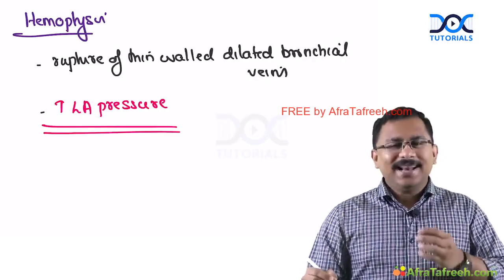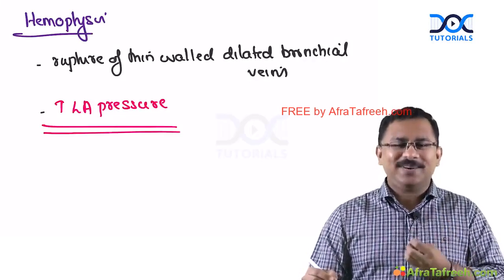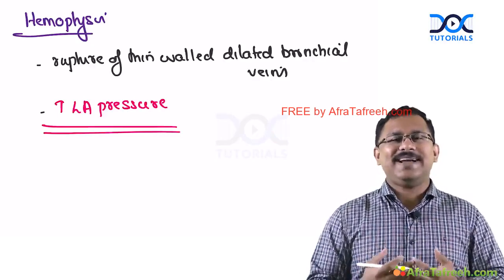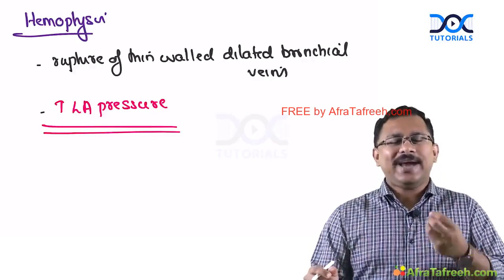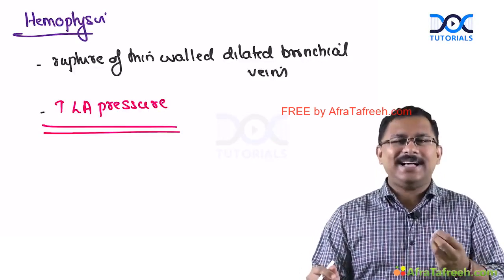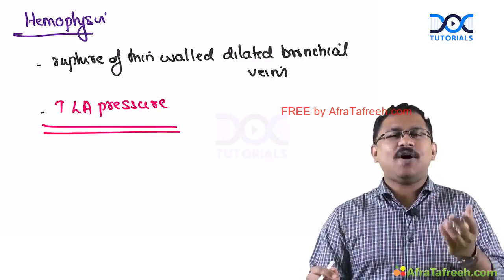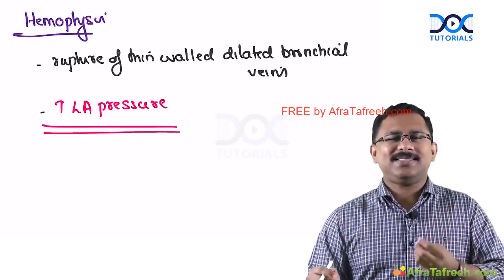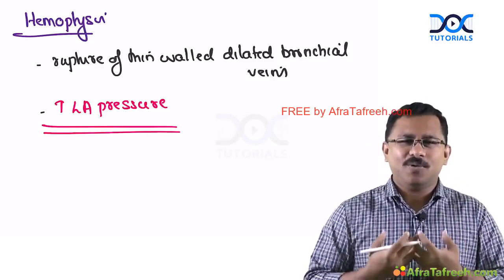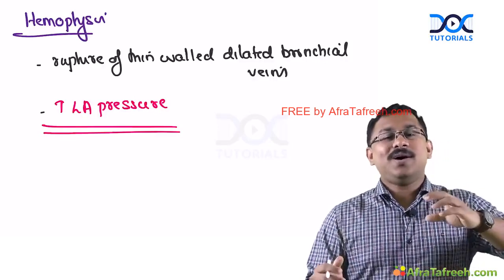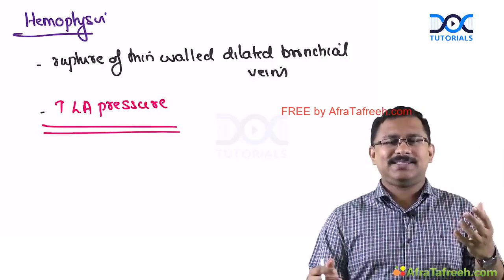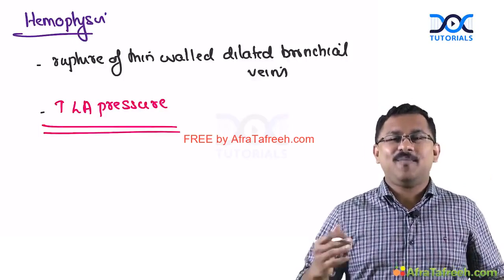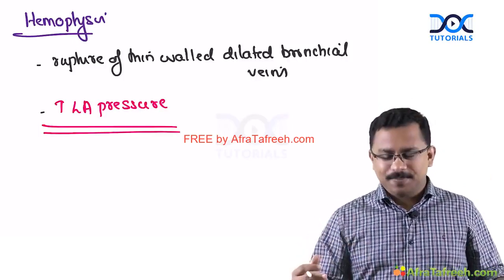Okay, and the severity of hemoptysis in case of mitral stenosis actually varies. You can have a patient who has just streaks of blood-stained sputum associated with, say, some features of orthopnea, to a massive hemoptysis. So the degree of hemoptysis in mitral stenosis can vary.